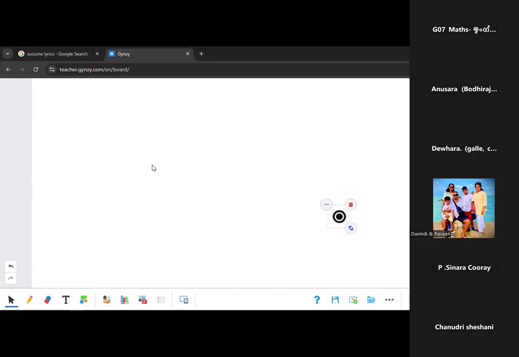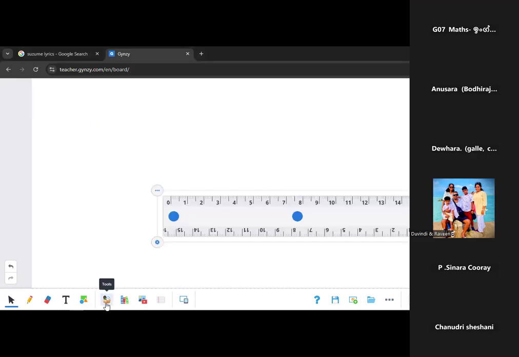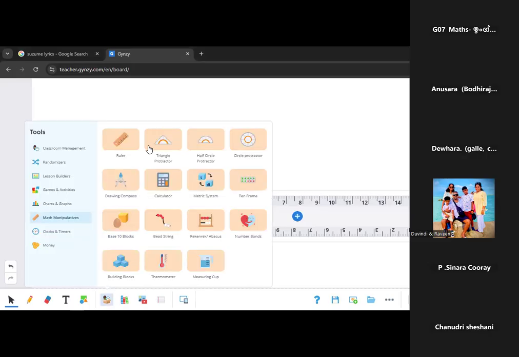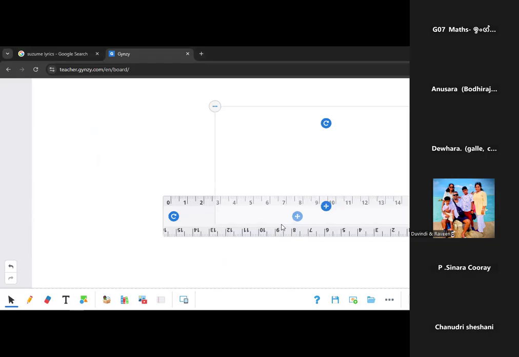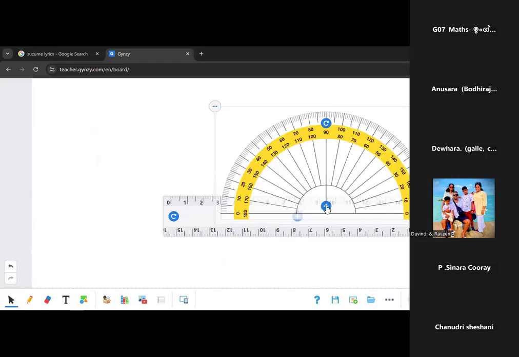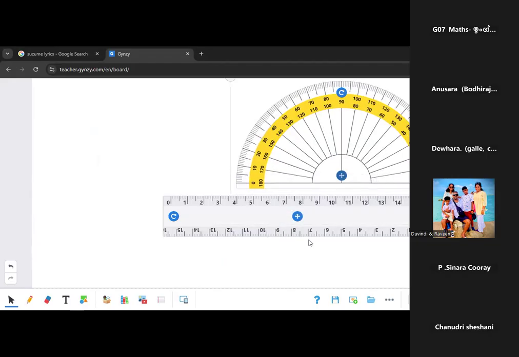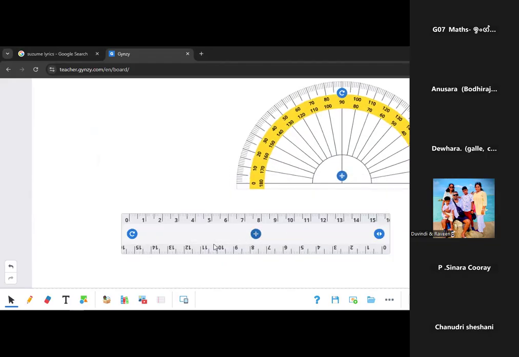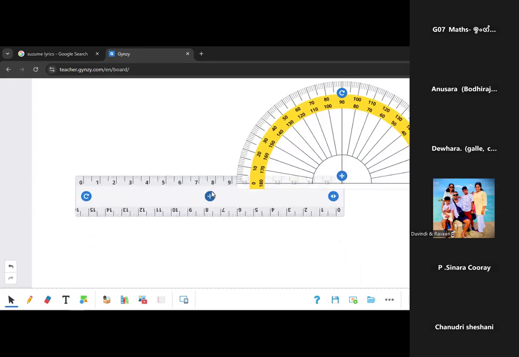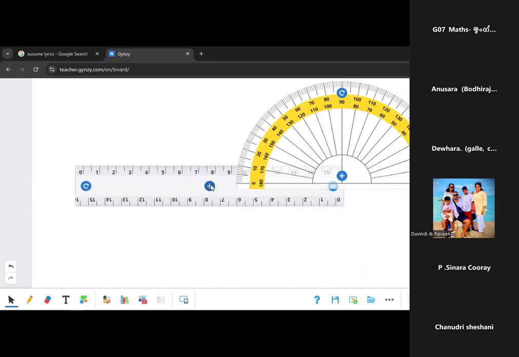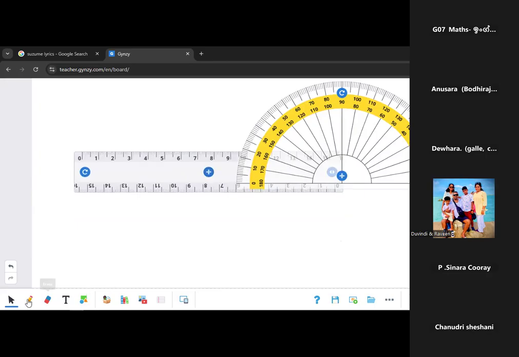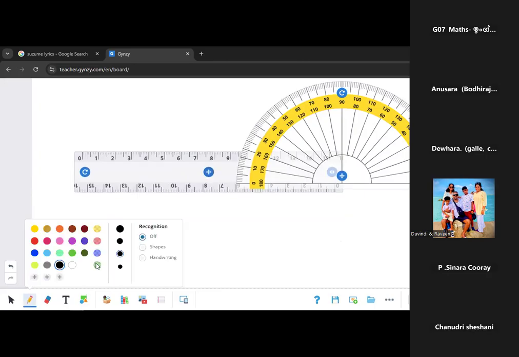So this is my ruler, and this is my half circle protractor. I'll keep them around here. First of all, I need to draw a line. So by using my pencil, I will draw a line.